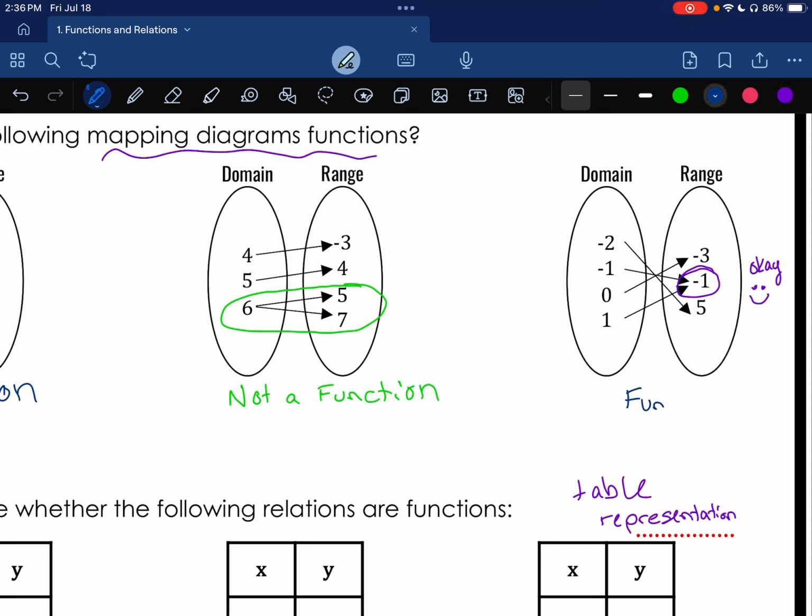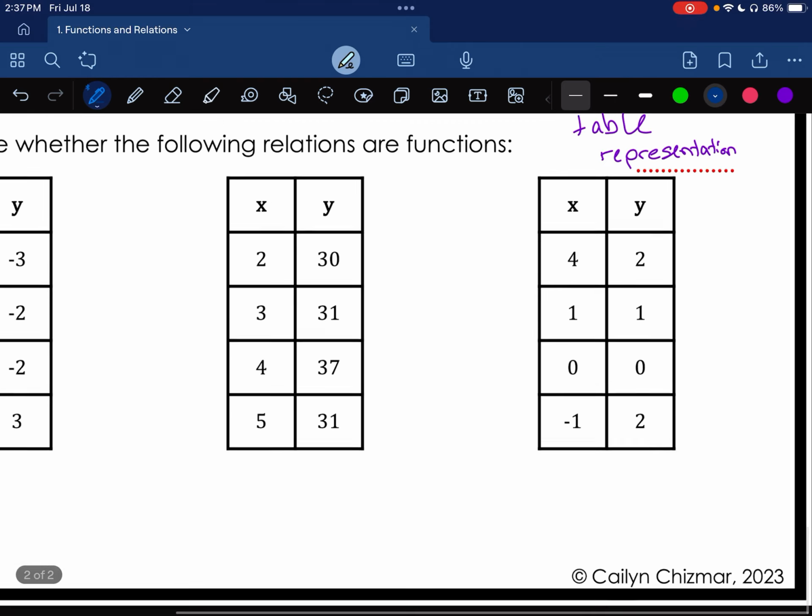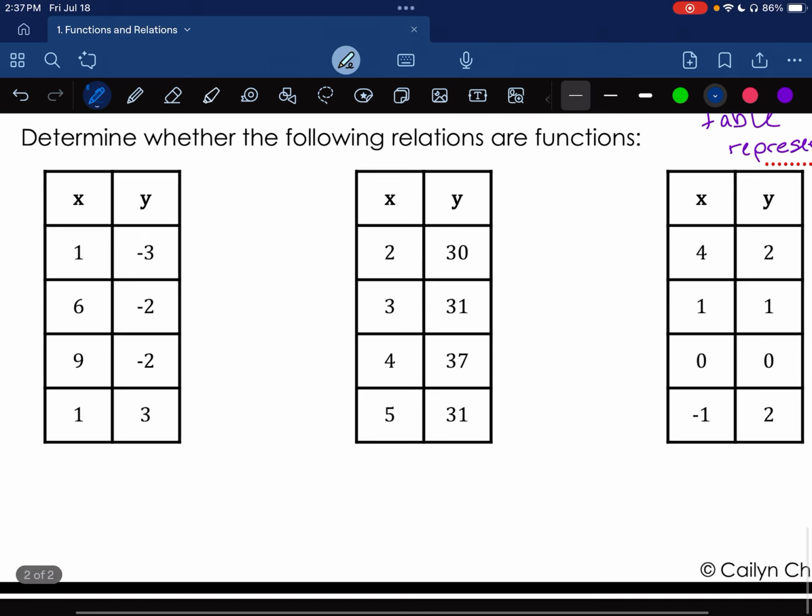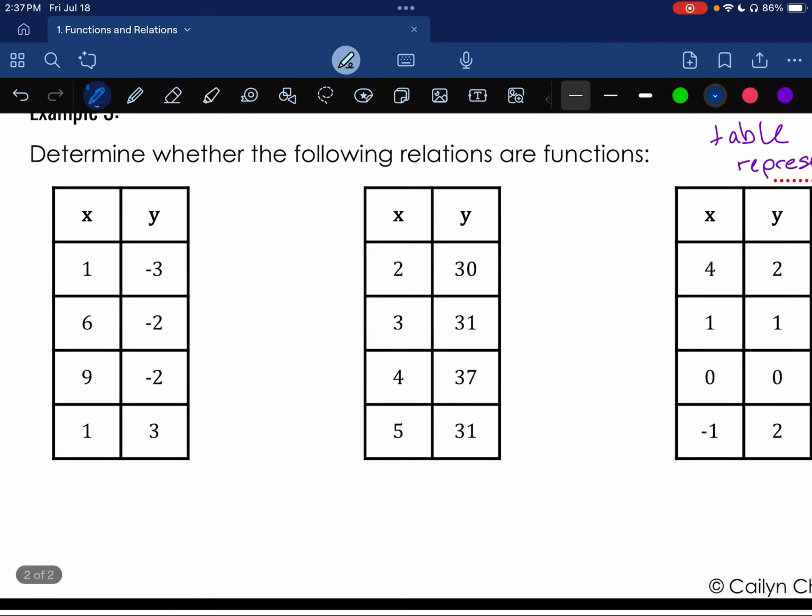All right, and last but not least, let's look at these tables. Here we are again just trying to figure out if we are going from one x value to one y value.